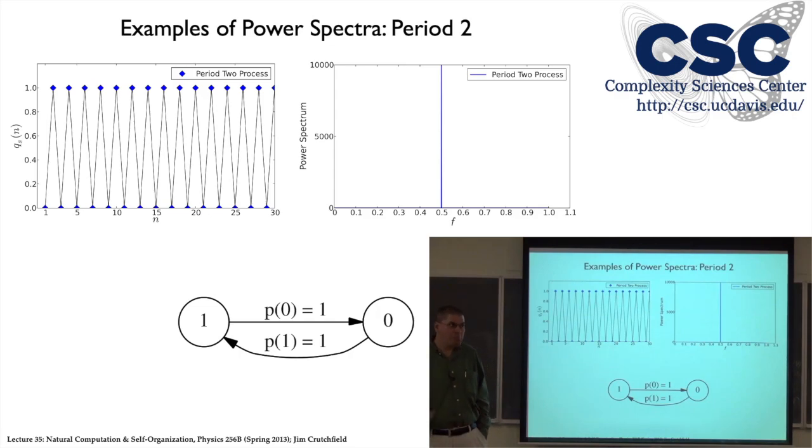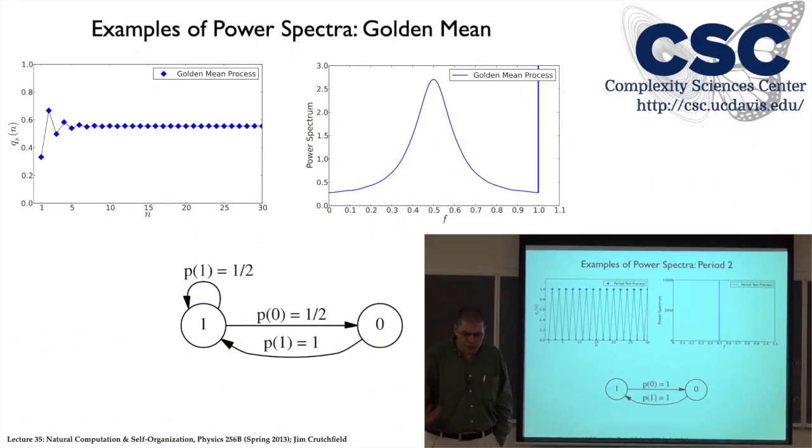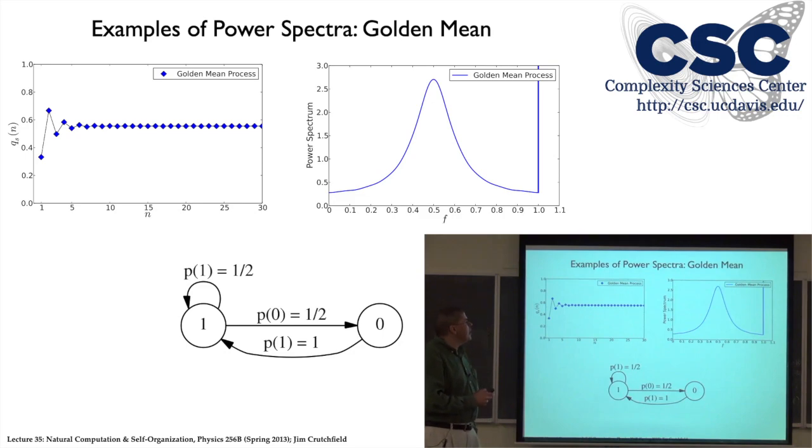So, okay. Let's now look at a process that is a little bit unstructured, but it has some structure, but also has some entropy associated with it. And you've talked about this in class before. I'm sure it's called the golden mean process. And the golden mean process looks something like this.